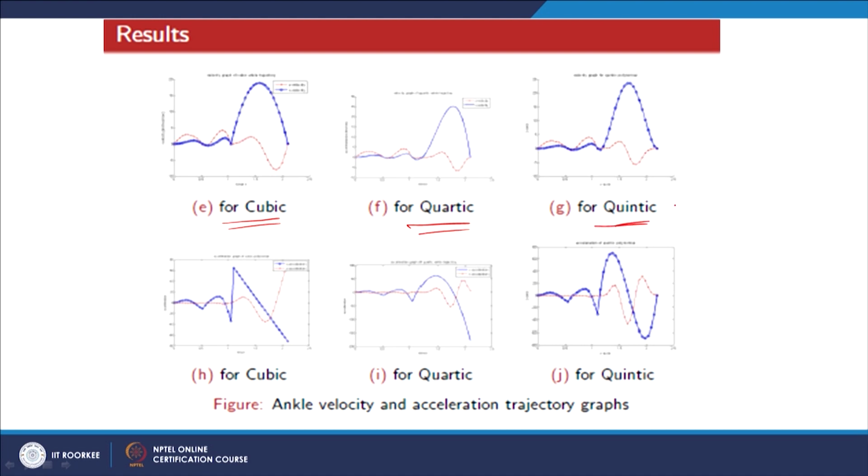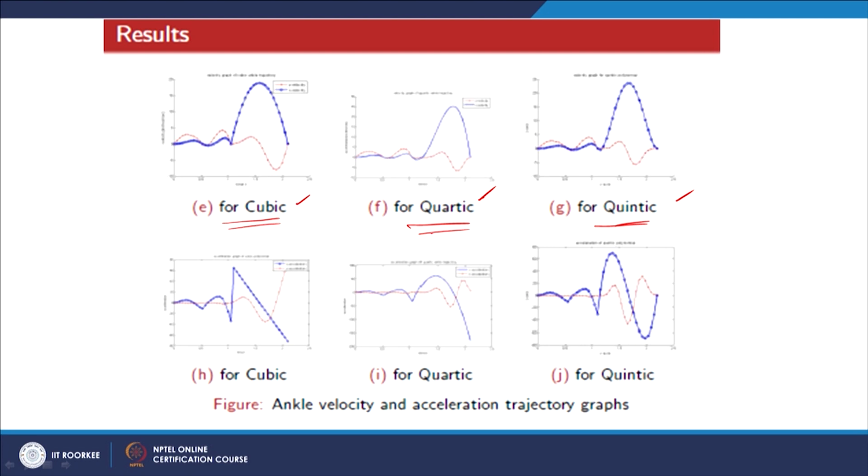That is, if you have 4 conditions for the motion of the ankle, then we will have a cubic polynomial. If you have 5 initial and boundary conditions, we have the 4th degree polynomial, and for 6 conditions we have a 5th degree polynomial.